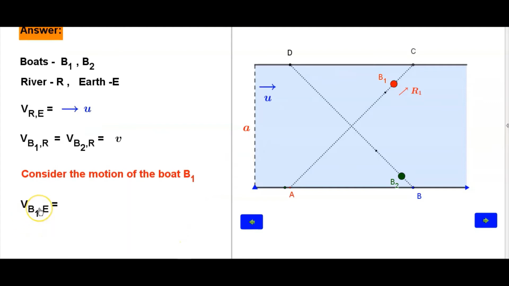The velocity of B1 relative to Earth is in this direction R1, then in this direction R2. Have a look: B1 from A to C has velocity R1, from C to D, R2.